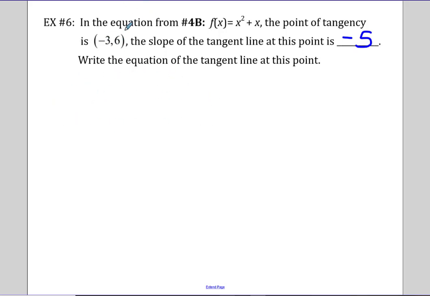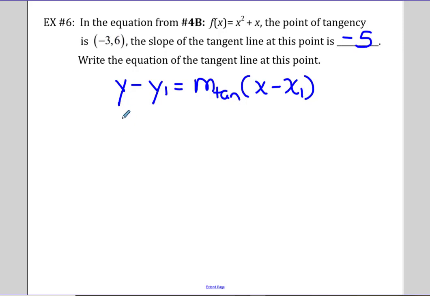And then if we want to write the equation for the tangent line, we can use y2 minus y1 is the derivative times x2 minus x1. And this is my x sub 1 and y sub 1. So y minus 6 is the derivative times x minus negative 3.